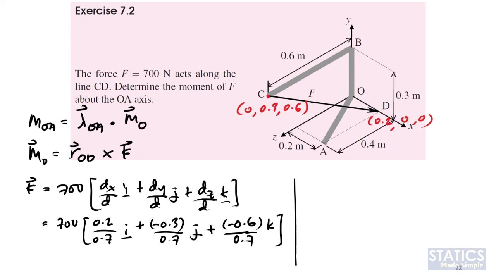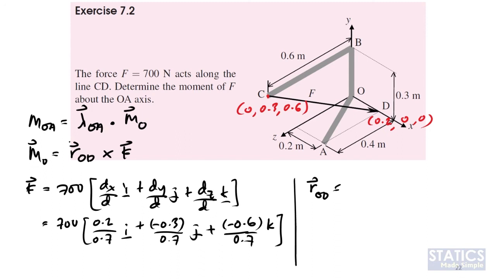Now we want to find what is our rOD. So rOD is very simple, from O to D. So the position vector. Remember the difference between a position vector and a unit vector? A position vector does not need to have a unit value as its magnitude, whereas a unit vector needs to have 1 as its magnitude.